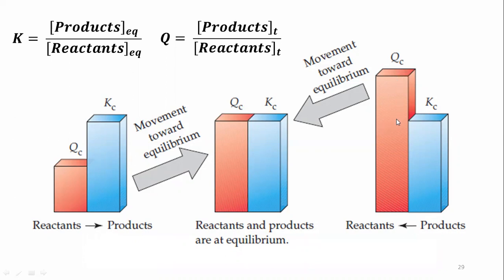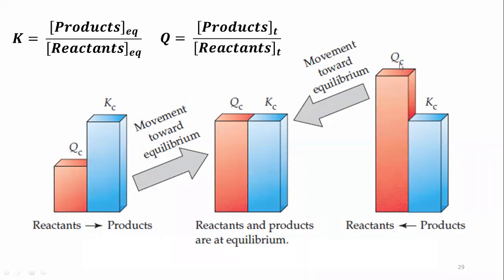How can you decrease the value of QC? Opposite to the previous condition. That means if you increase the concentration of reactant or decrease the concentration of the product, then the value of QC is decreased. And this can only happen when the products are converted into the reactant.